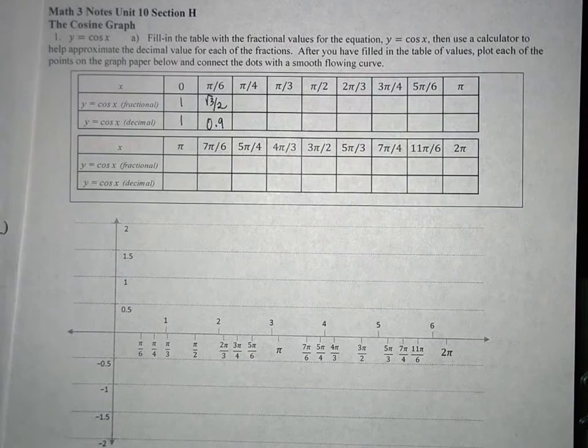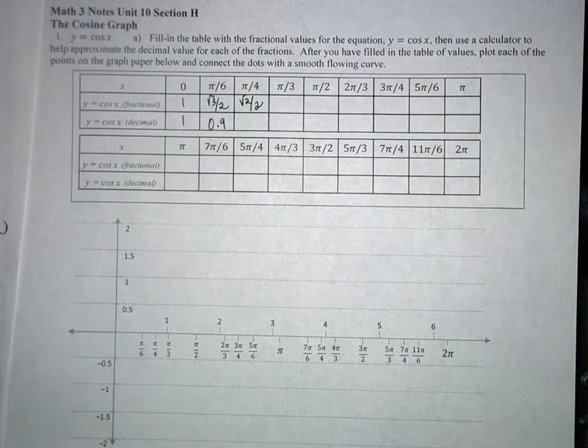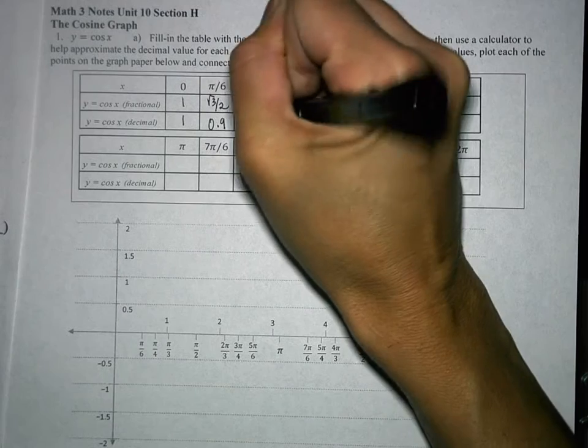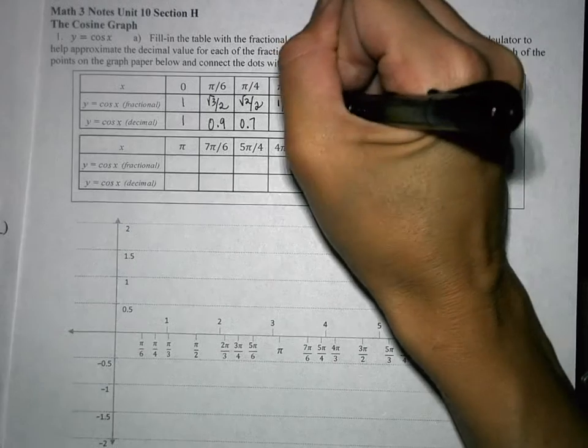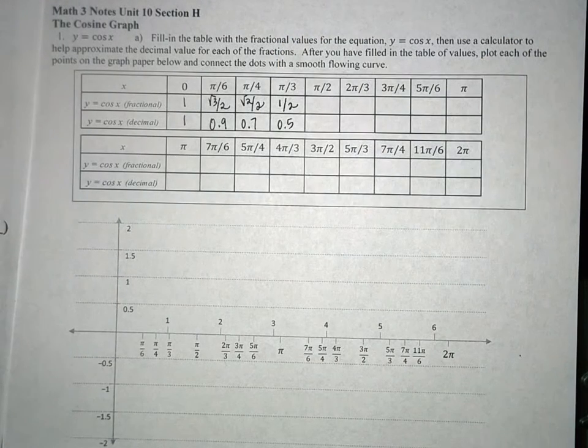Okay, pi over 4, the x value is root 2 over 2. And root 2 over 2 reduces to be, as a decimal, 0.7. Very nice. Okay, pi over 3 is 1/2, and that one, tough decimal. Very good. Pi over 2, what's my x value at pi over 2?